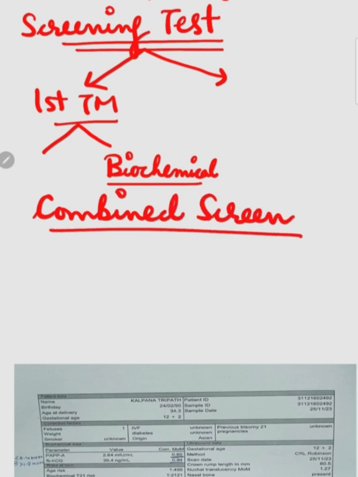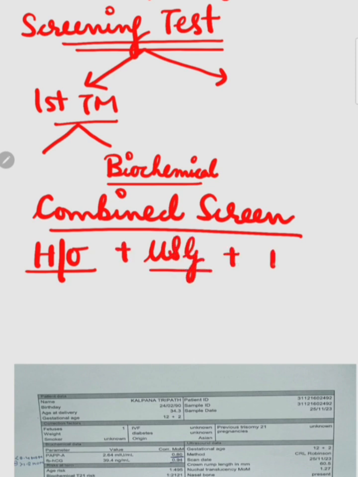Combined screen means you will take some history indicated markers. Number 2, you will take some ultrasound markers and you will combine it with biochemical markers so that the sensitivity is increased.